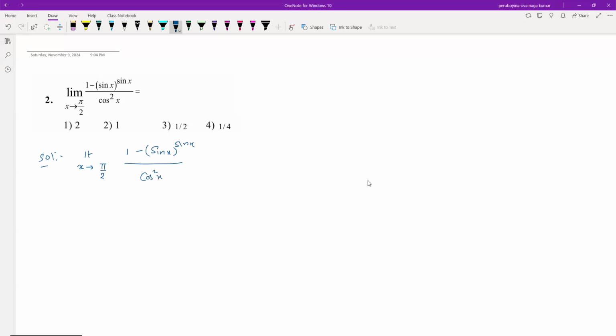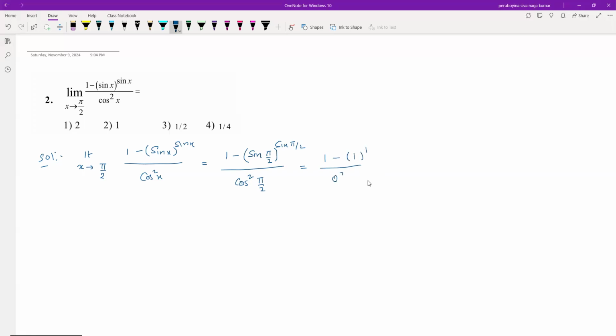So first of all, we will substitute the limit value. So (1 minus sin pi by 2) whole power sin pi by 2, divided by cos square pi by 2. So sin pi by 2, we know sin 90 is 1, whole power 1.